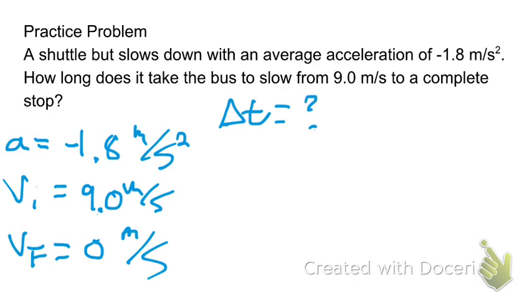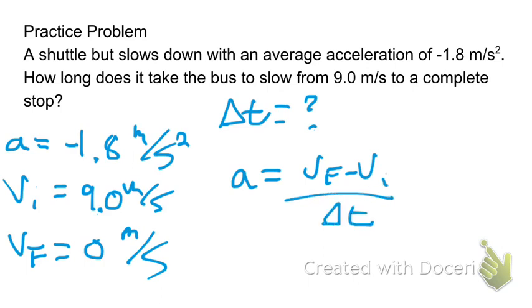And then the equation we're going to use is, of course, acceleration equals velocity final minus velocity initial divided by change in time. We're going to want to manipulate this to isolate change in time, since that's the variable we're solving for.